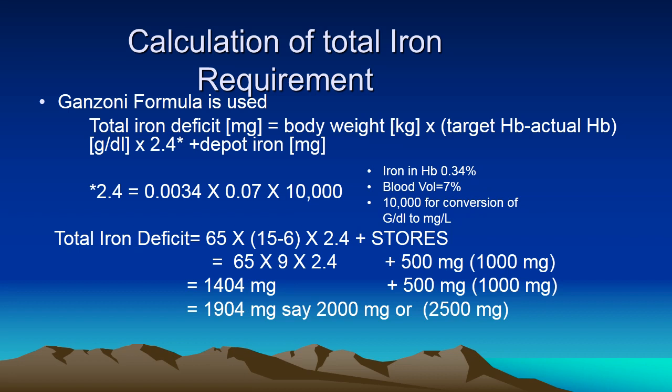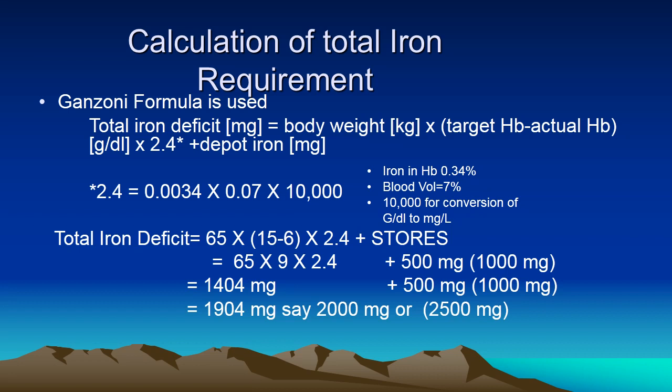Now factor 2.4 comes from multiplication of hemoglobin iron percentage, blood volume, and 10,000 as a conversion factor from gram per deciliter to milligram per liter, and this factor comes to 2.4. So using these parameters, the total iron deficiency in this case is 1404, approximately 1500 milligrams, plus 500 milligrams is to be given to replete the depleted stores.